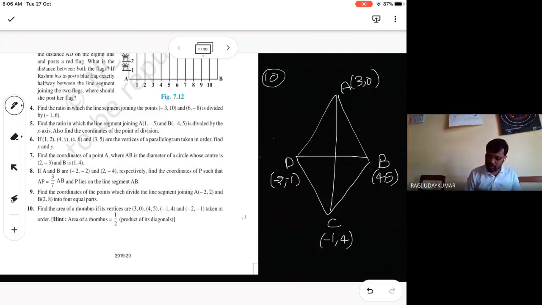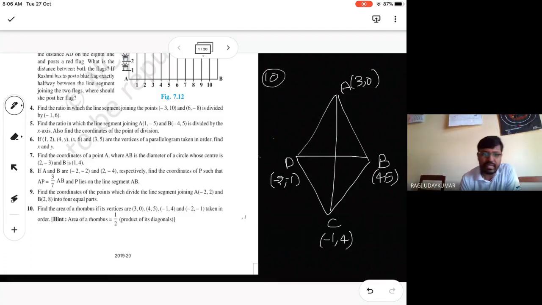So what to do here? Area of the rhombus formula is half into d1 into d2, where d1 is the length of one diagonal and d2 is the length of the other diagonal. The length of the diagonal AC is found by applying the distance between two points formula. Take that as d1, and BD as d2, find the distance, and then half into d1 into d2.